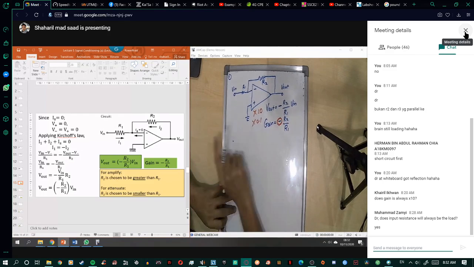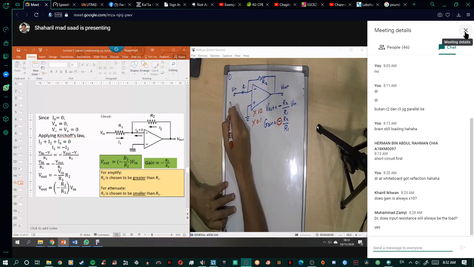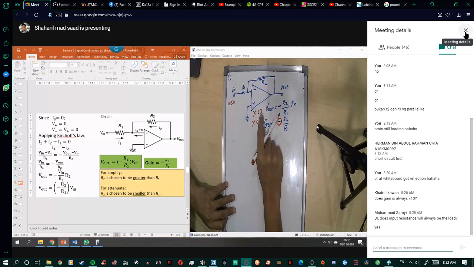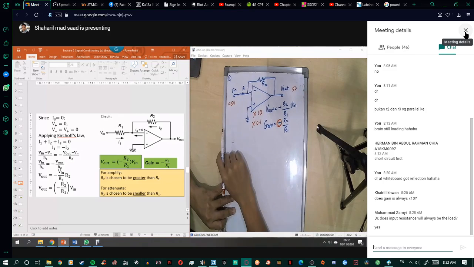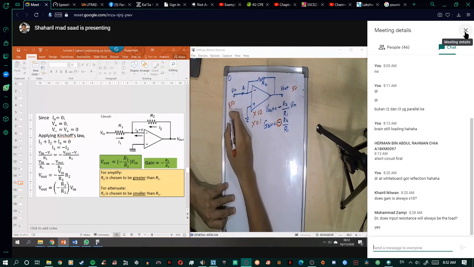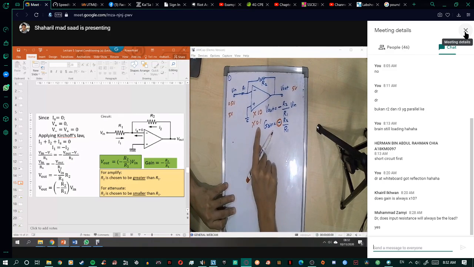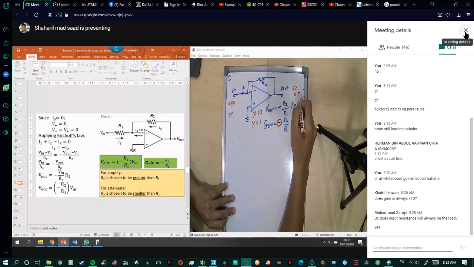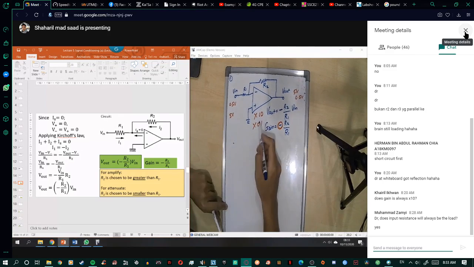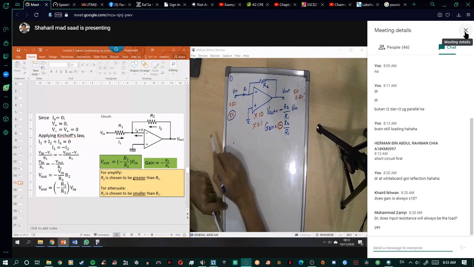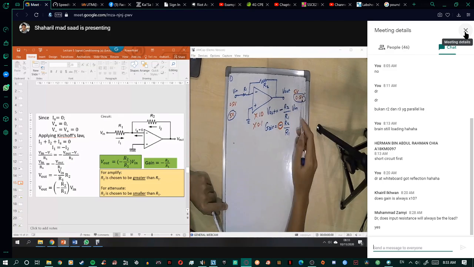Let's say V in is 0.5 volt. When you have a gain of 10, the output will be 5 volt. Now for example, V in is 5 volt, and when you multiply with 0.1, you get 0.5 volt. When a bigger voltage becomes smaller, we call it attenuation or de-amplify.